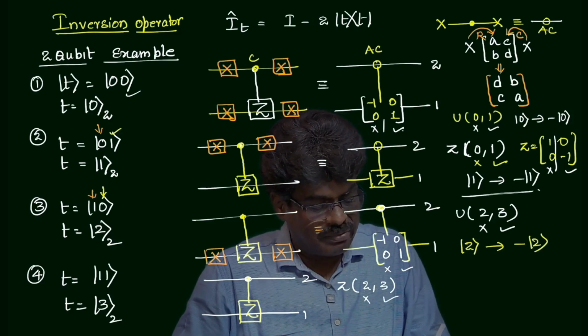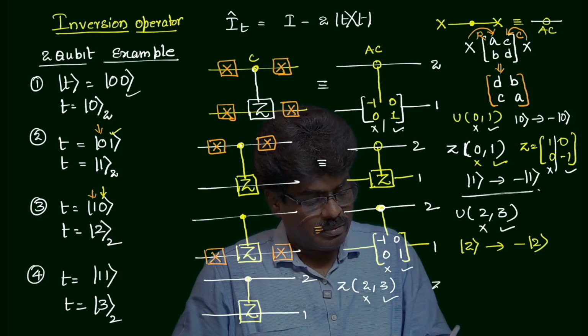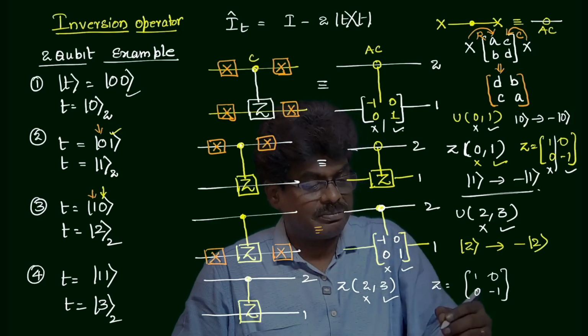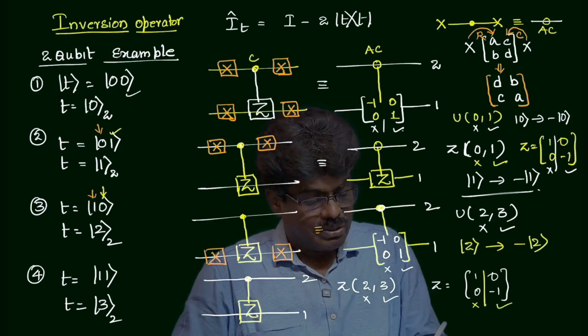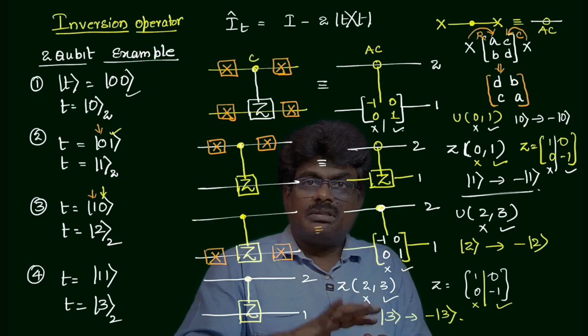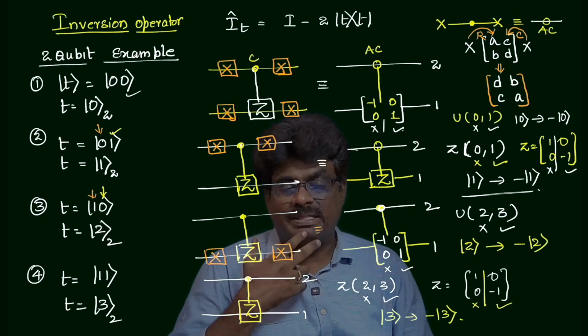So this is off and on. I hope you remember what this operator is, 1 0 0 minus 1. In our method we have already explained the first column is off, and this is the second column on. So here 3 will become minus 3. That's it. So these are the oracles for 2 qubit examples.